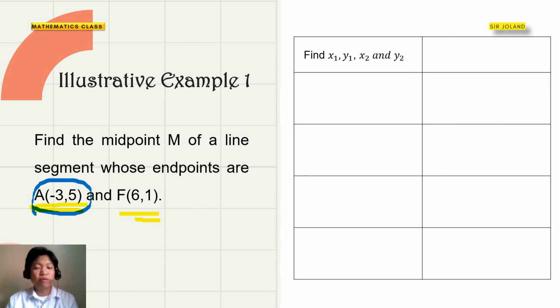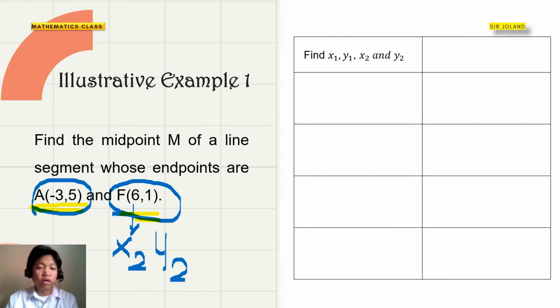So kung ano yung i-assign mong first pair mo, doon manggagaling si x sub 1 and y sub 1. And then sa second point mo, doon naman manggagaling yung ating x sub 2 and y sub 2. So dito, ang ating first point is yung point A. So dito manggagaling si x sub 1 and yung ating y sub 1.